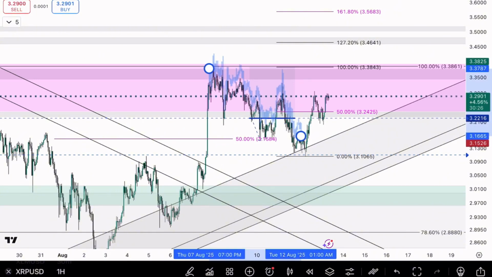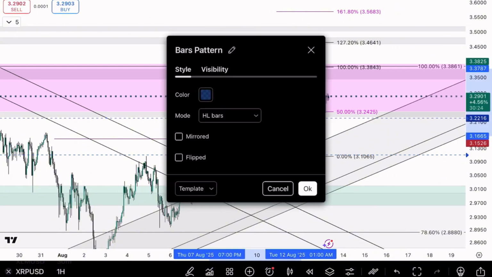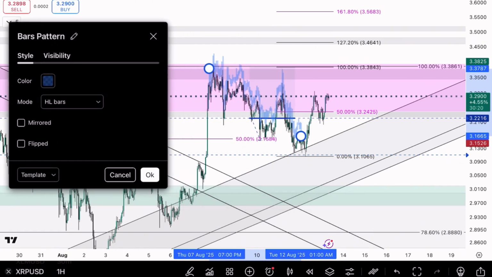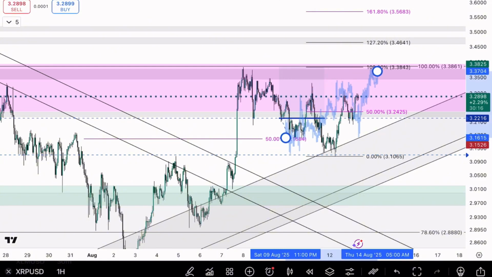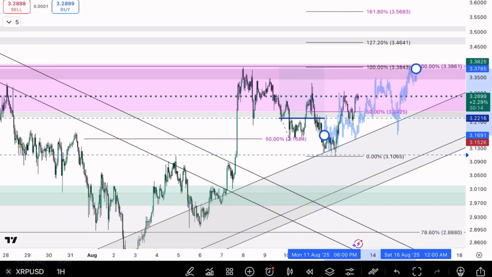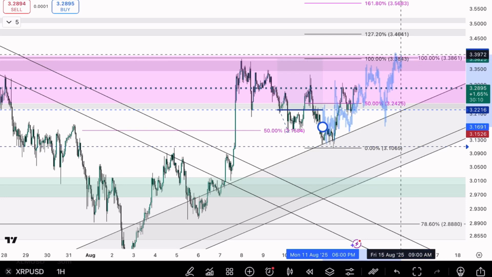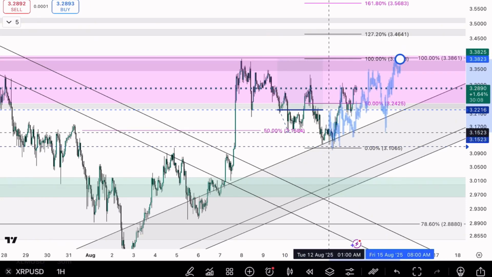All right, and then I'm going to go into the settings, and you see, I'm gonna click mirror, and then see if it's not really matching it.